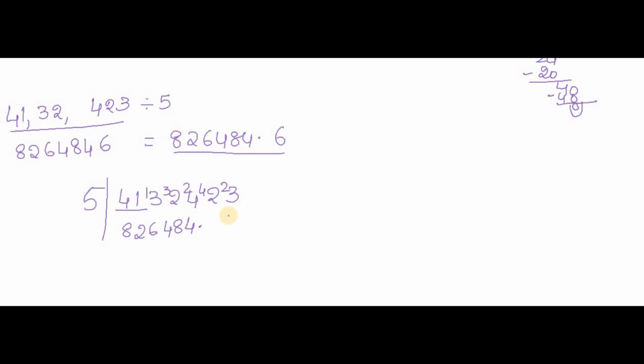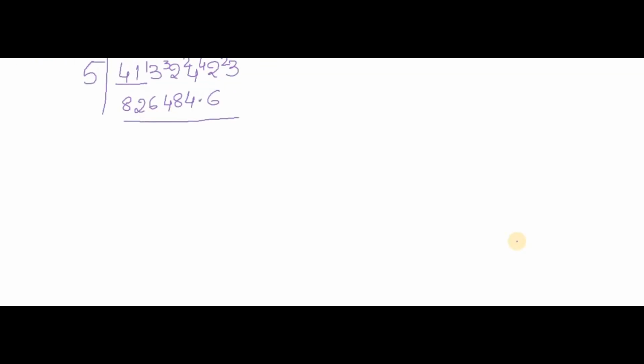Actually we will get 3 as remainder, and 0 will be kept, meaning 5 6s are 30.